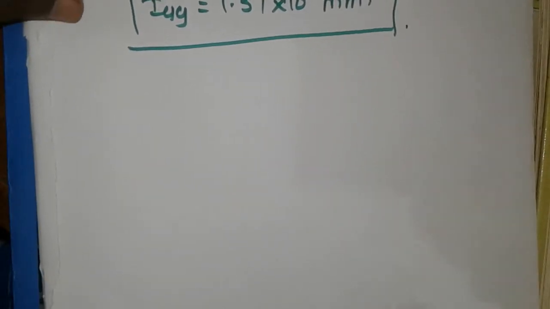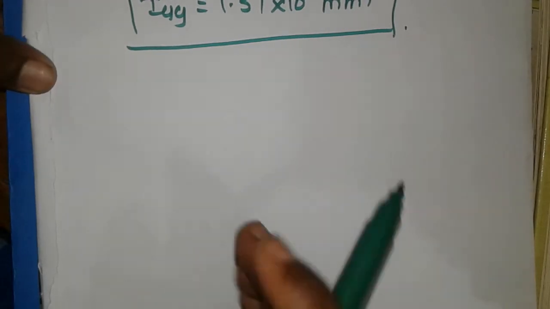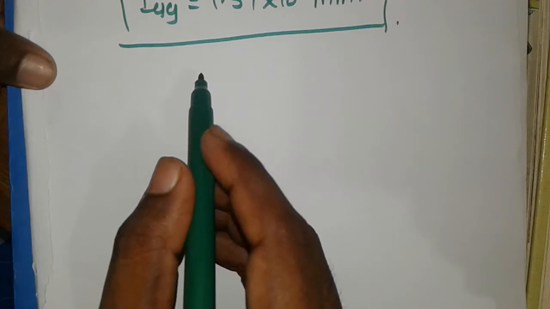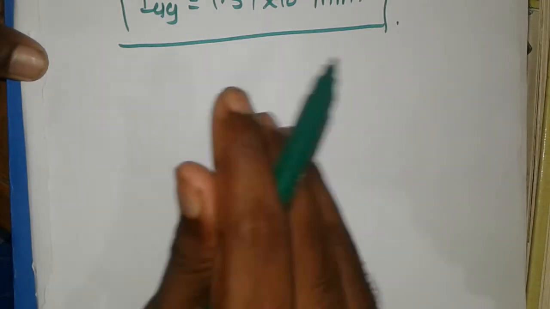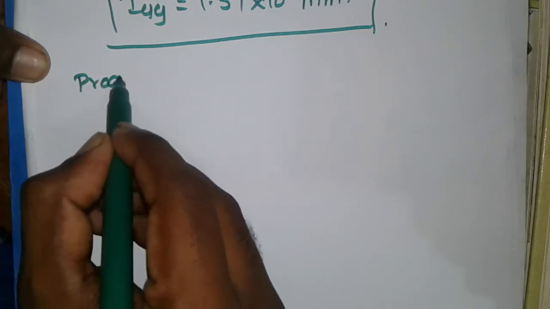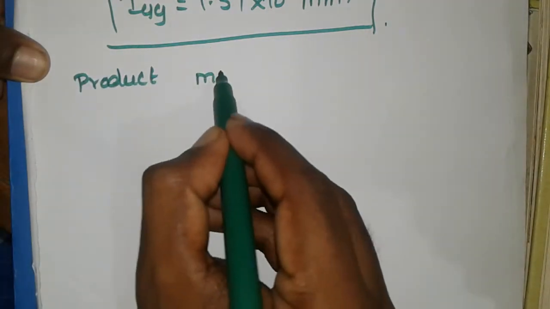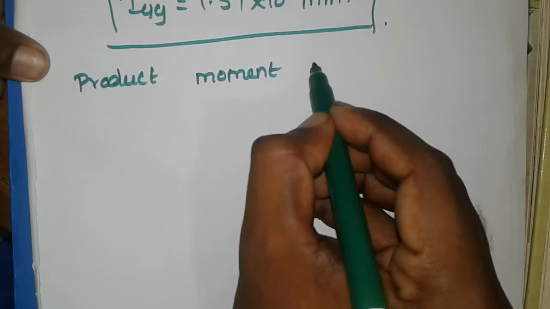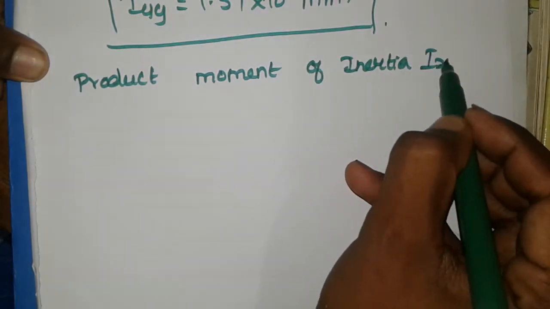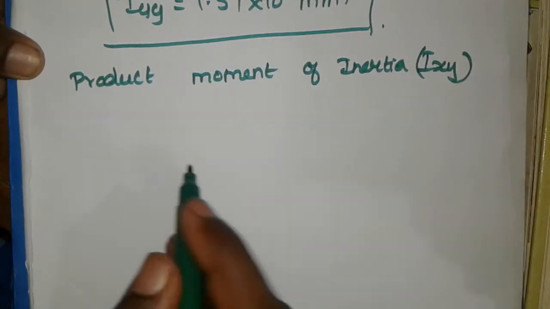Ixy is nothing but the product moment of inertia. This can be given as Ixy value.